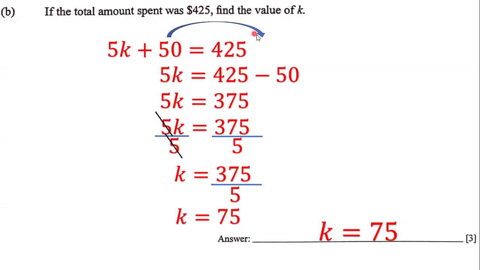It was a positive 50, but when I send it over, it becomes negative. So now we have 425 minus 50. When we subtract, 425 minus 50, what do we get? 375. Very good. So we have 5k is equal to 375.